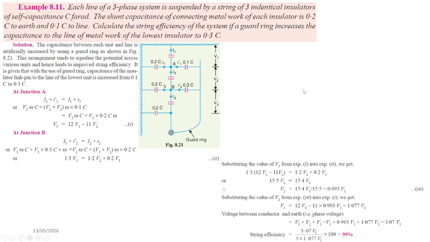So we increase the capacitor 3 times, applying the Kirchhoff current law again in these two junctions, and replacing all of the values. So the voltage between the conductor and the earth, V, is equal to 3.07 V1.